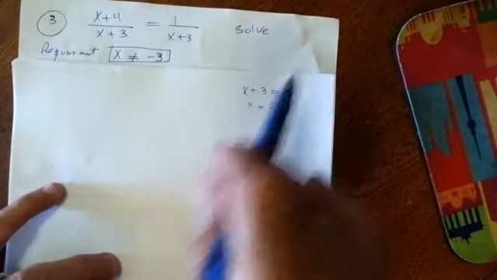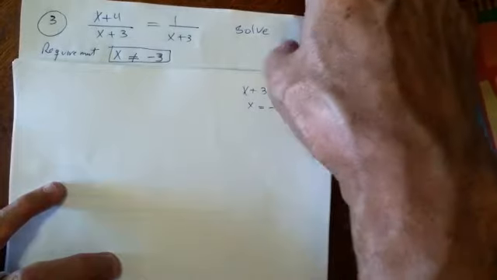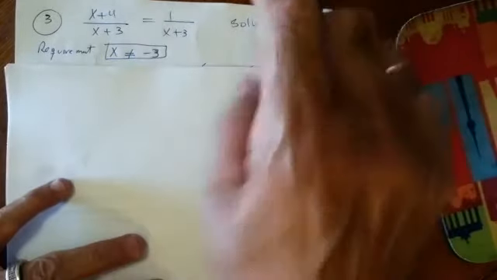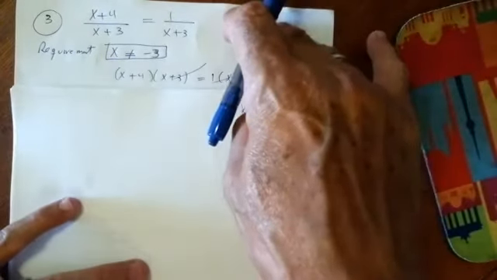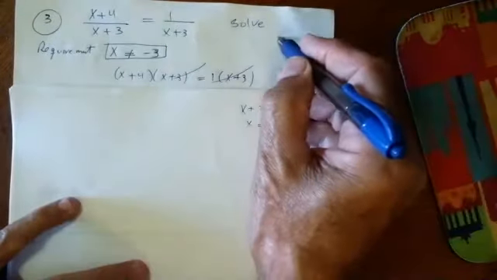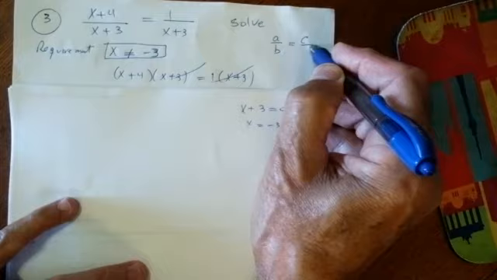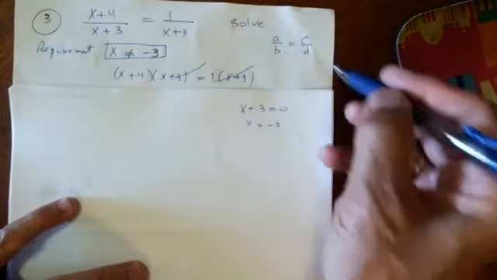At any time you're solving fractional equations, you want to make sure that you exclude a number that makes the denominator equal to 0. Then what I do is I cross multiply. The cross multiplication is this: if you have two fractions equal to each other, you cross multiply.